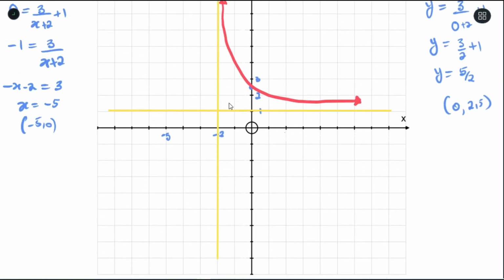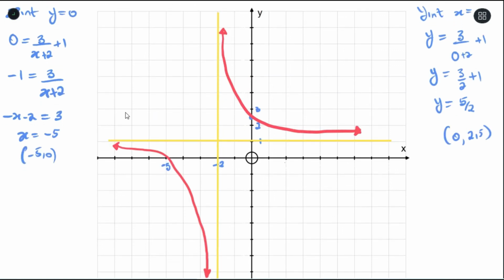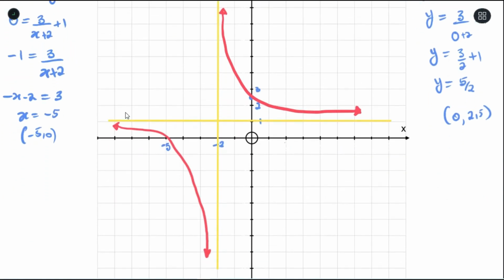And the second part of our graph would go like this. And that's it. So this will be the graph of f(x). That's exactly what they wanted.